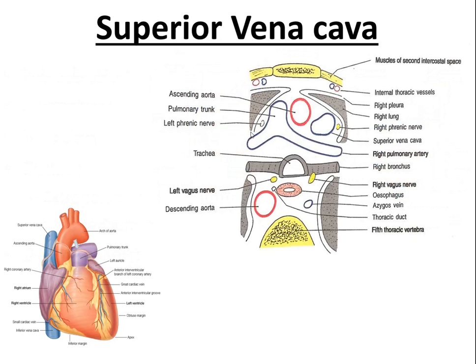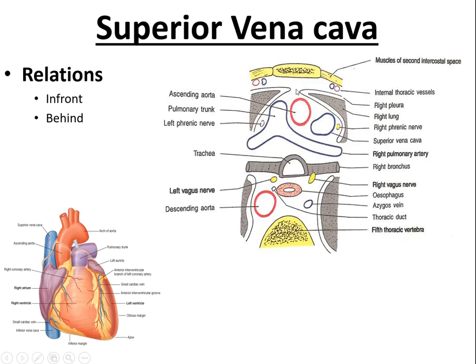Now after knowing that development, let us see the relations of the superior vena cava. In front, it is related to the chest wall with the intercostal space. The internal thoracic vessels, the right margin of the lung and pleura are also related to it in front.